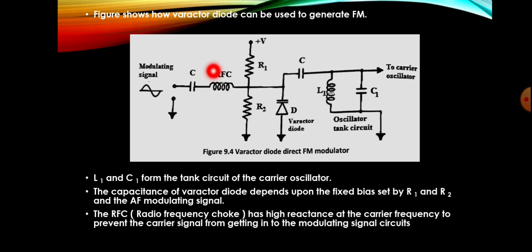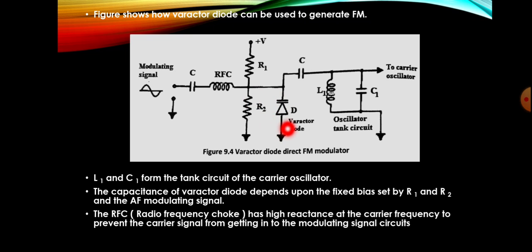This RFC coil has high reactance at the carrier frequency, which will prevent the carrier signal from getting into the modulating signal circuit. Actually this part of the section works for modulating signal input. So if any higher frequency comes, this RF coil will offer higher reactance to those RF signals, so that it will not pass through this modulating signal circuitry.